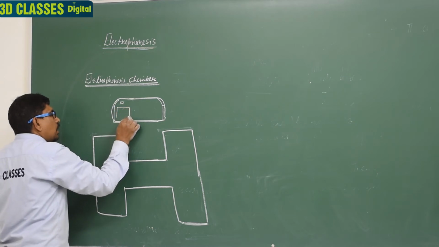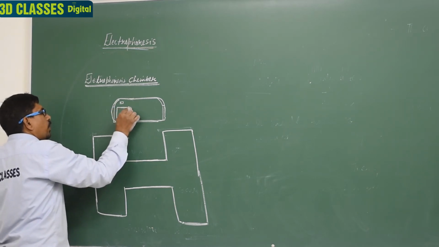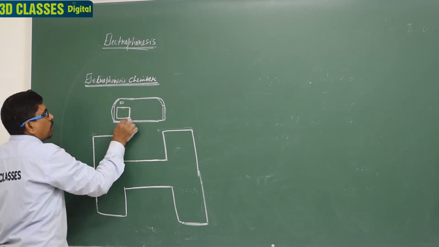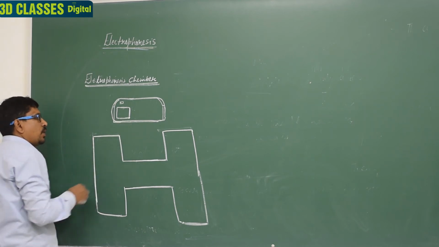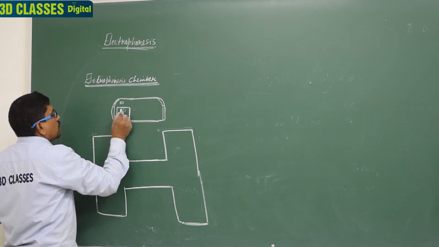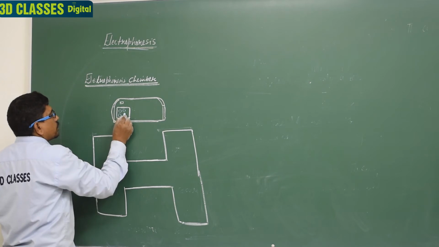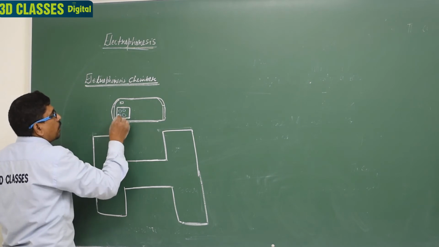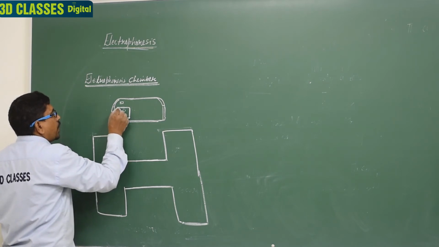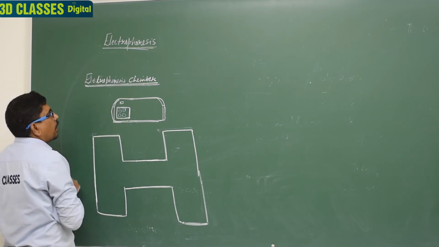Here is a pin point where the cathode and anode wires are joined together like this. Clear? Positive and negative, here negative and here positive.